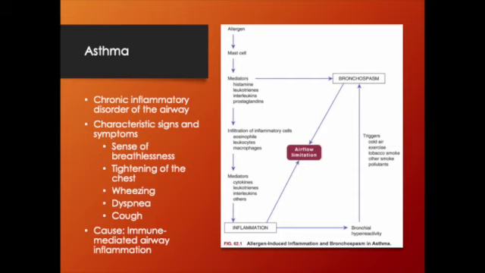They have this tightening in their chest. You'll hear wheezing, dyspnea, cough, and you can see visible signs of sometimes retraction, intercostal space bulging, all caused by this immune-mediated airway inflammation.